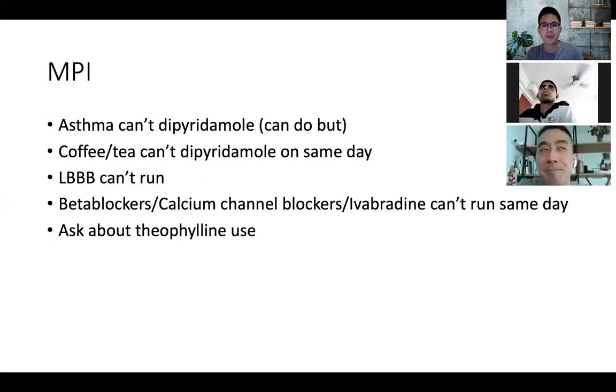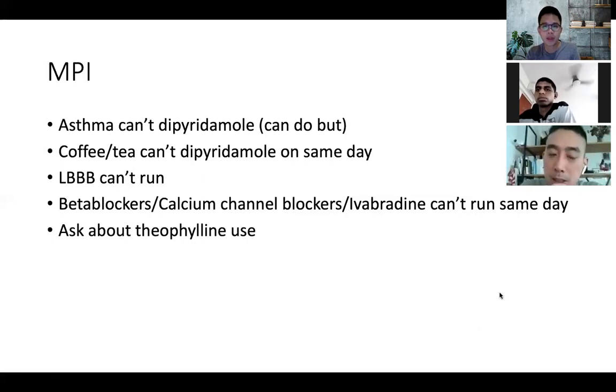There's another protocol, which I think NUH does as well, which is a rest protocol, because they are looking for infarction. If the rest scan is normal, then they are quite happy to discharge the patient because he doesn't have an MI, but he still needs to come back for the stress test another day.